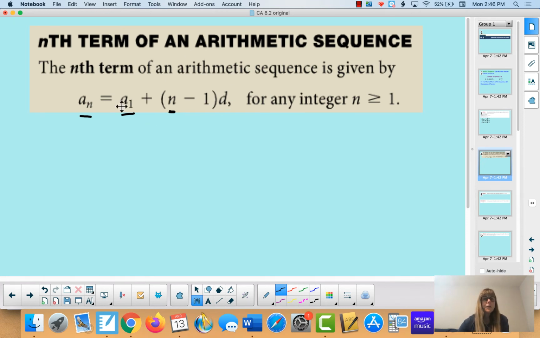This makes sense because we take that first term and we're adding, if n is the second term, 2 minus 1 is 1, times the common difference. We're just adding the common difference. If we want the third term, we should be multiplying 2 times the common difference, and so on. So that's why this formula makes sense.